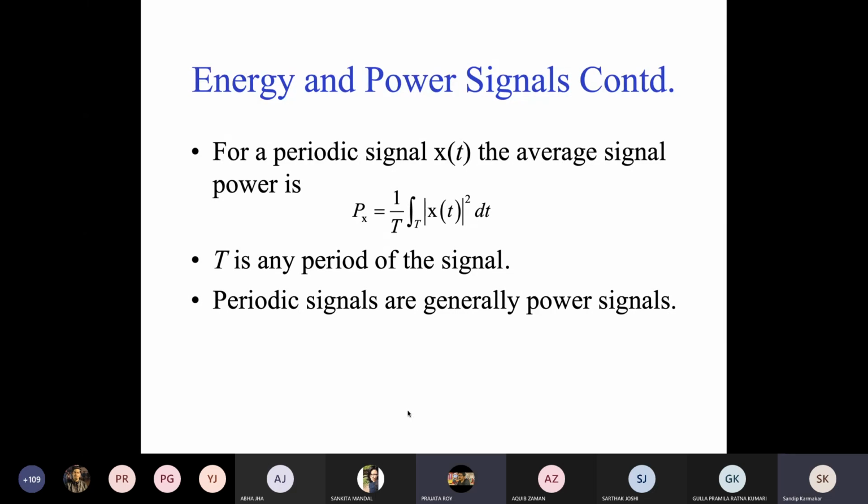Assume that x(t) equals x(minus t), that is, x(t) is even. If you take the derivative of both sides, that means derivative of x(t) equals minus derivative of x(minus t), right? Yes, sir. That means the derivative of an even signal is an odd signal.